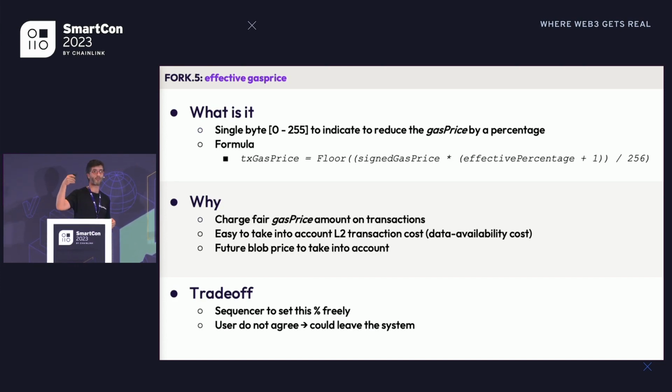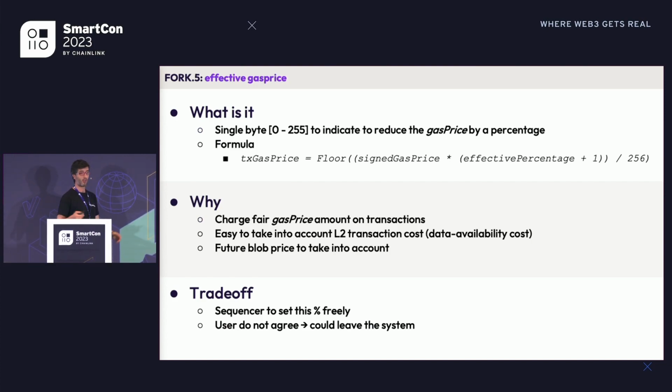Furthermore, EIP 4844 will be introduced in the Cancun hard fork. How do you price the data that will go into the blobs in the proto-danksharding EIP? You don't know in layer 2. So thanks to that, we compute off-chain, and we can apply this kind of reduction to the user transaction.